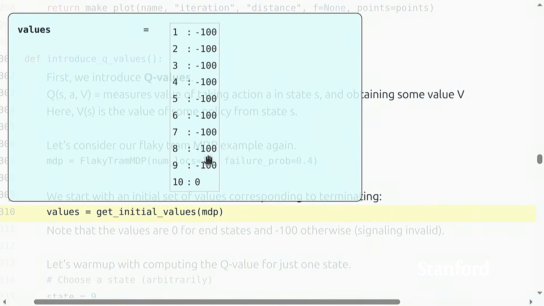And I'm going to put minus 100, which is a little bit arbitrary, for every other state that is not the end. It's minus 100 because I haven't even figured out how to get to that state or from that state what to do. So minus 100 is kind of like just saying it's invalid.